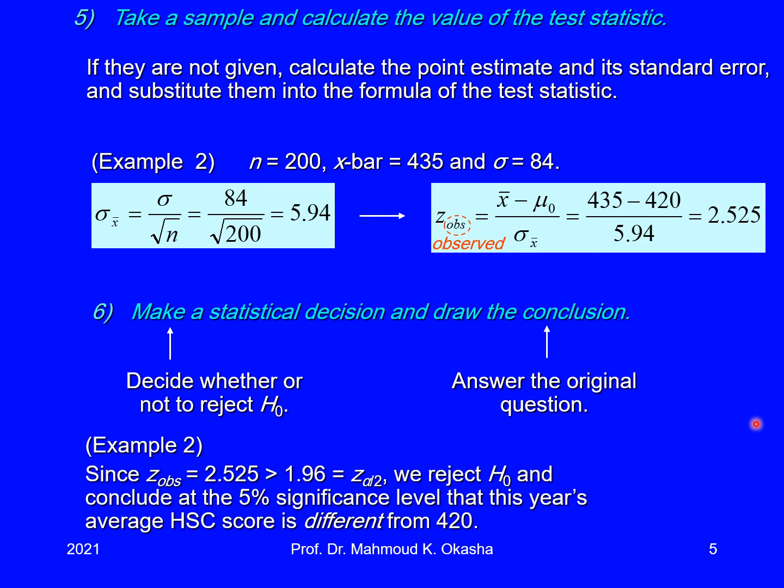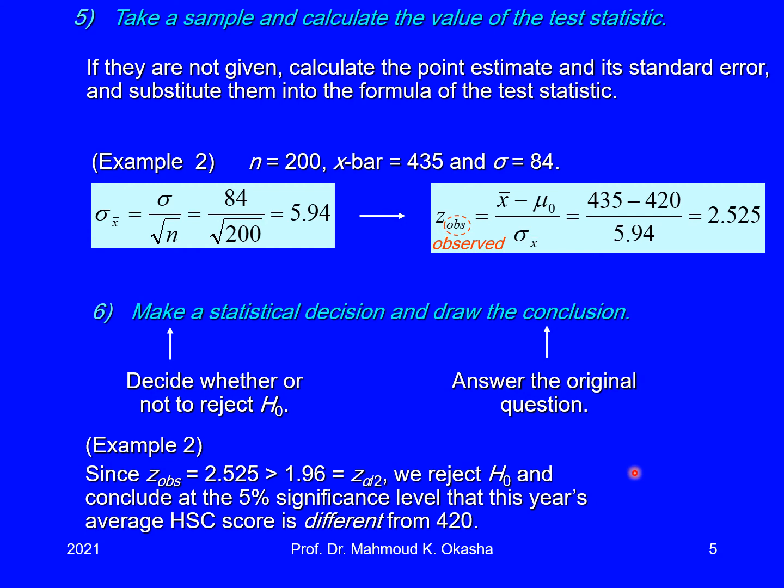For example, we have the observed Z equal to 2.525, which is greater than 1.96, the Z half alpha, and much greater than the tabulated Z from the table. Then we reject H naught. It is much bigger, so it falls in the rejection region.